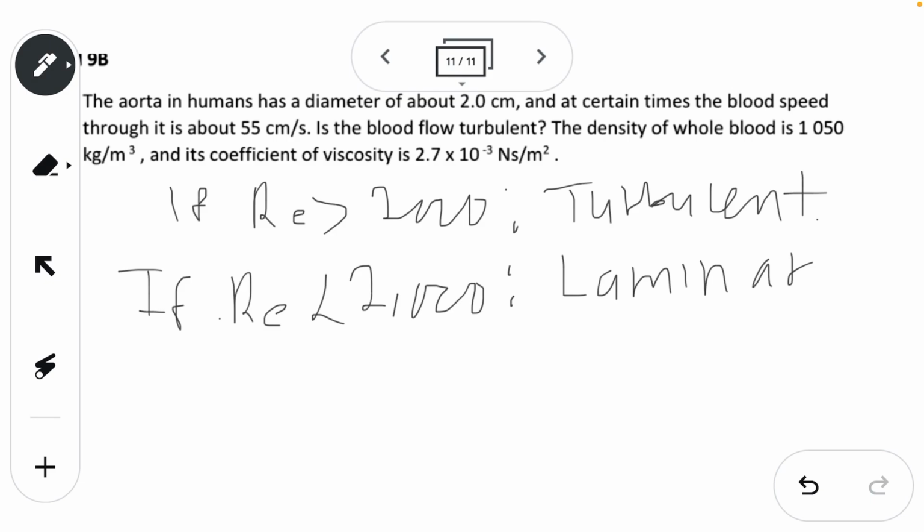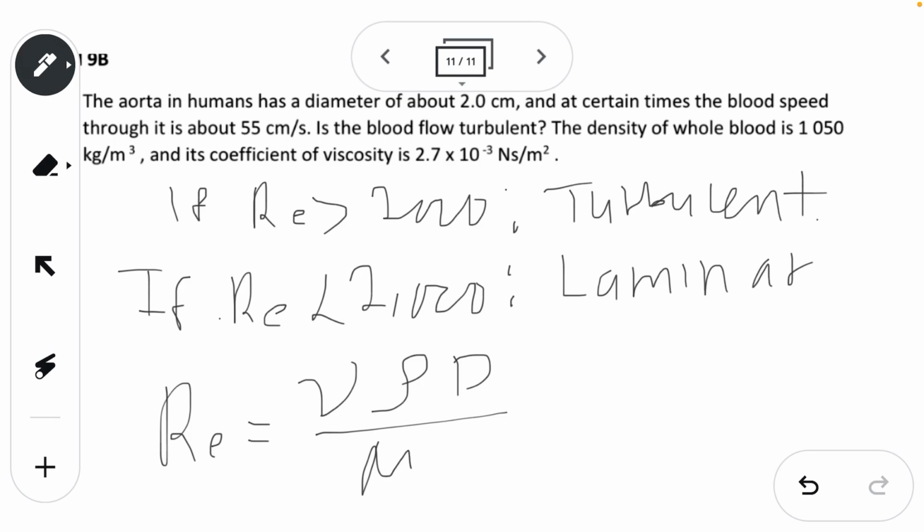Now how would we find the Reynolds number? Well, the Reynolds number equals the flow speed, multiplied by the density of that liquid, multiplied by the diameter of the tube or the pipe, and divided by the coefficient of viscosity.